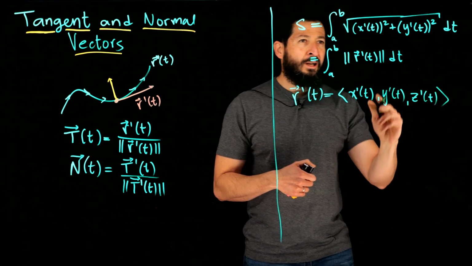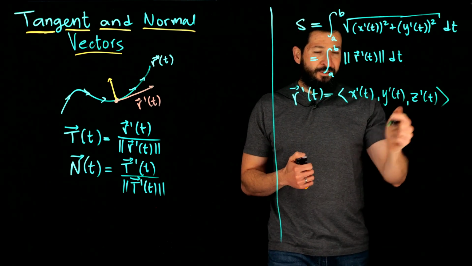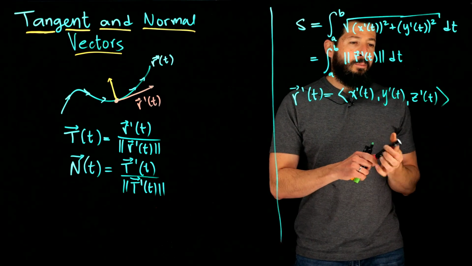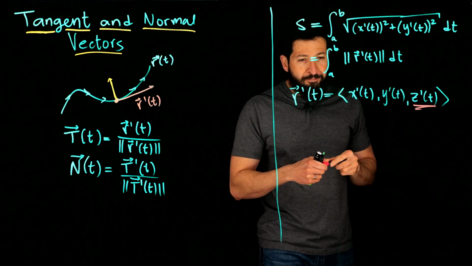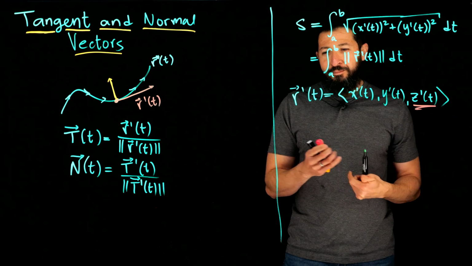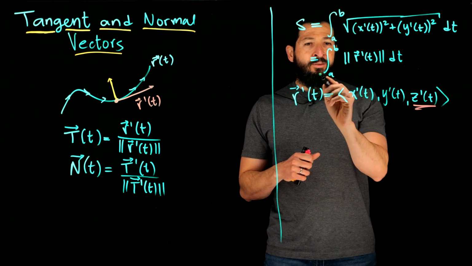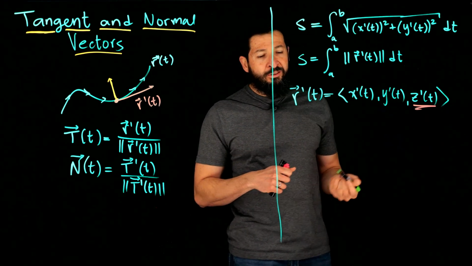Now I'm mixing 2 and 3 dimensions here, but if it's 2 dimensions, this one is not here, and if it's 3 dimensions, you just add the plus z prime squared.